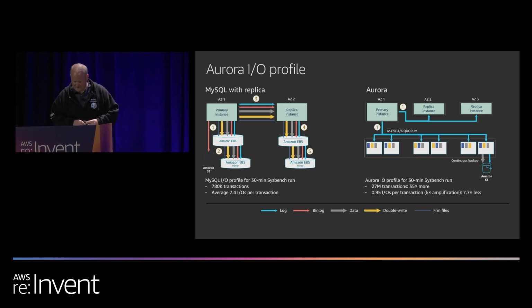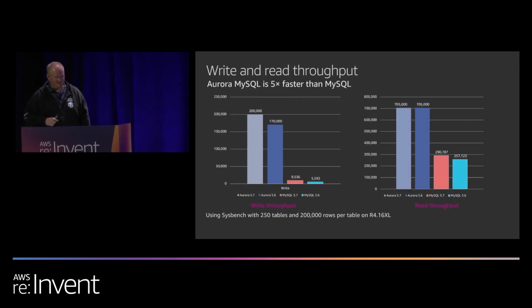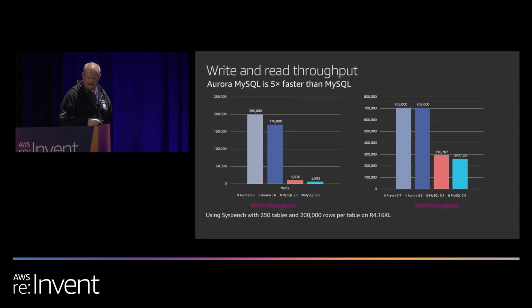Here you can see the example of the same 30-minute sysbench run on the same database instance size, where you have instead 27 million transactions and 0.95 I/Os per transaction, which makes sense. Each transaction needs to do on average an I/O for the log record. You can imagine that this makes quite a bit of difference when it comes to performance, especially on the write side. So we say that Aurora MySQL is about 5 times faster than a traditional MySQL database.